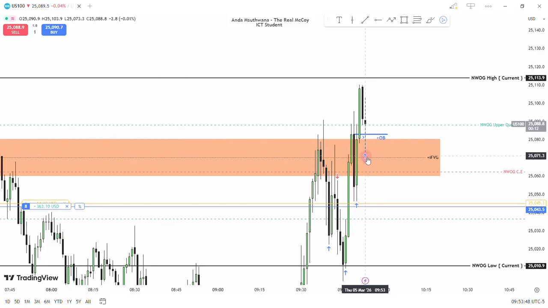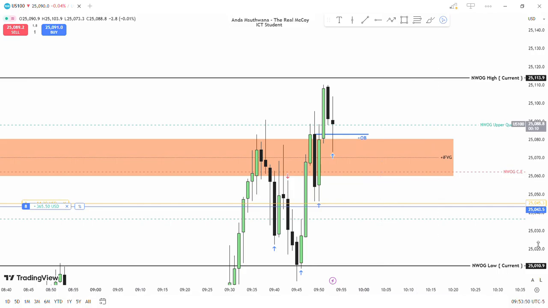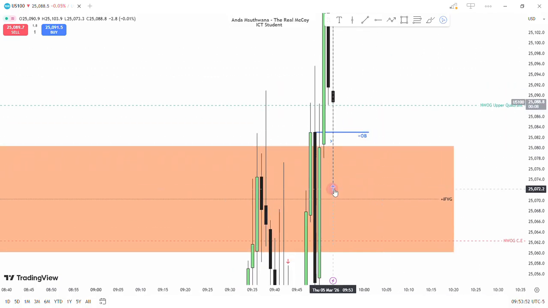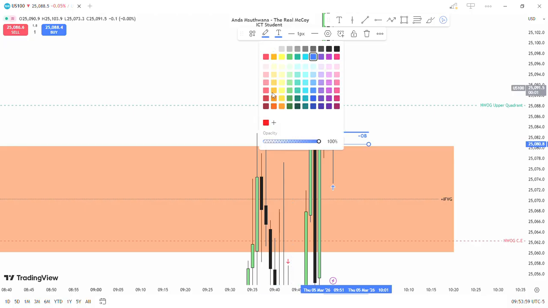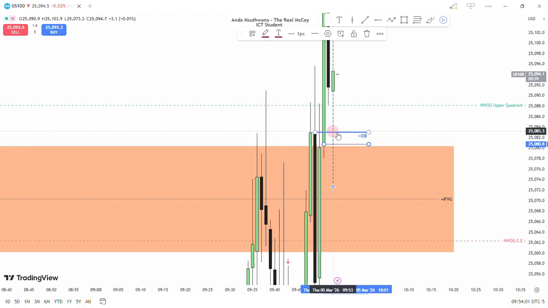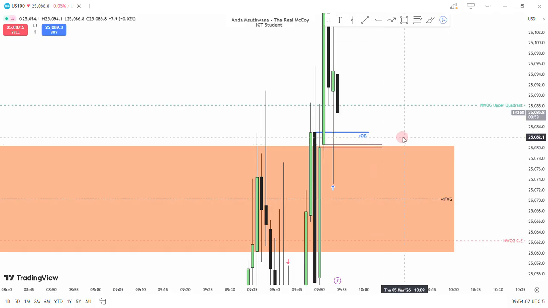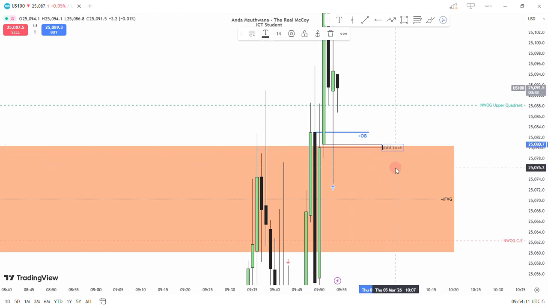Once again, execution. That was my fill right there. Trying to time the volume imbalance. So as it goes down into it, I'm trying to enter on it. So I do get filled, but let's say maybe one handle above that volume imbalance, which is totally fine. The spreads on this thing are not so wild, but yeah.